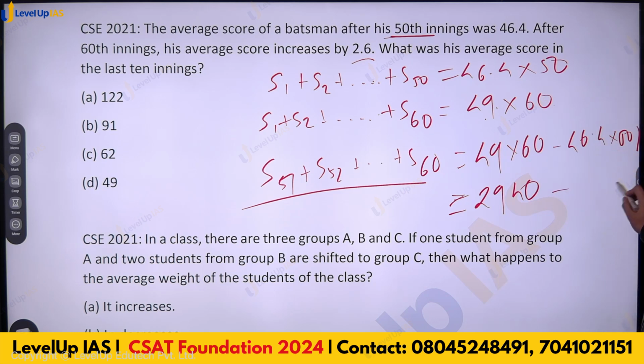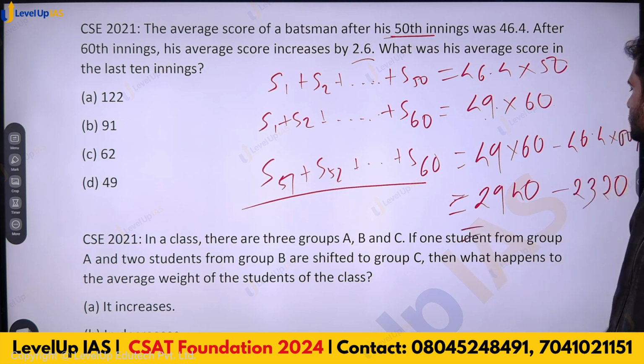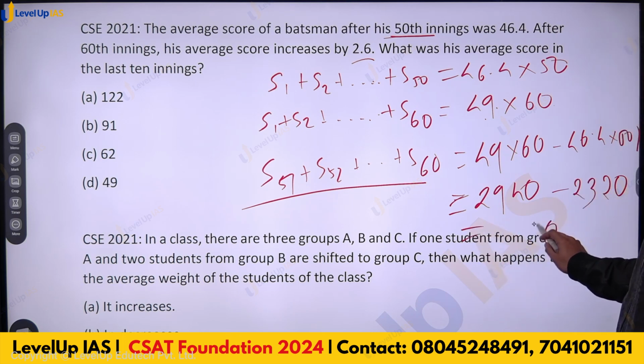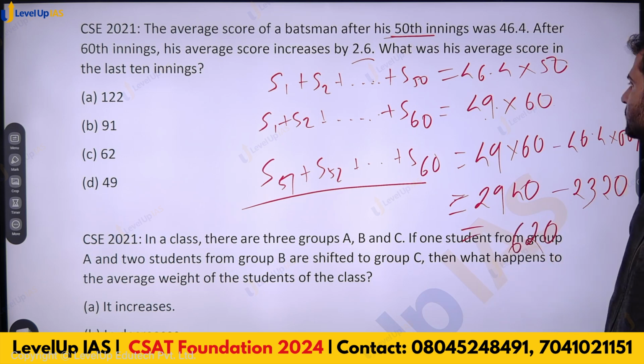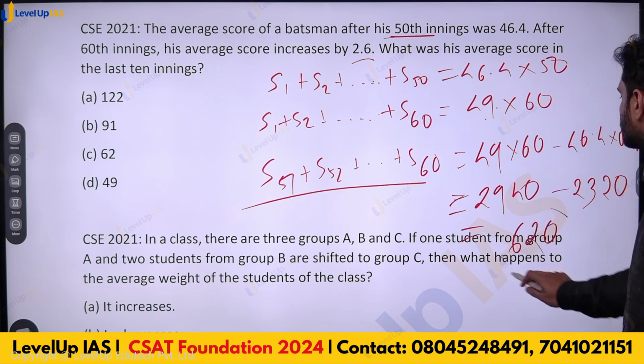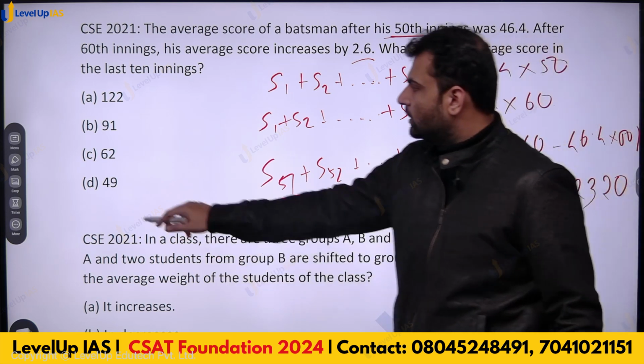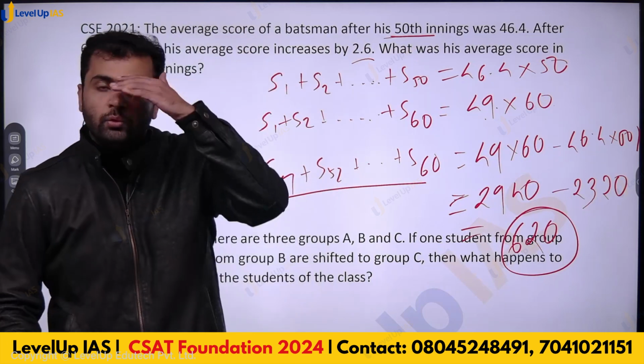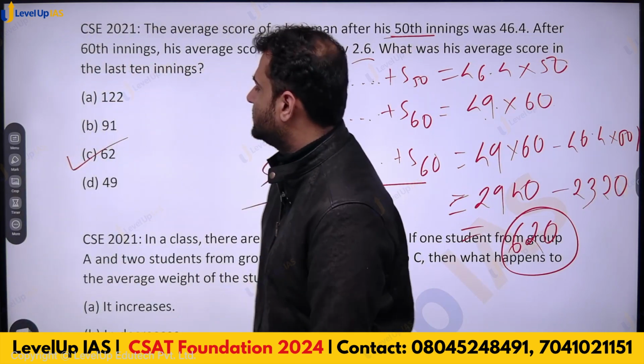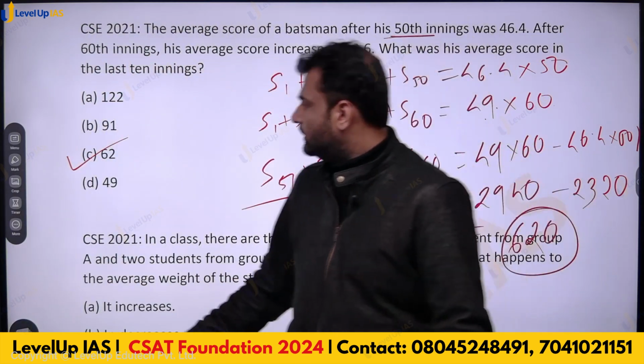So we have this equal to 620. So this is the sum of scores of last 10 innings. So average would be sum divided by 10, which is nothing but 62. So he has played really well in last 10 innings to increase that average.